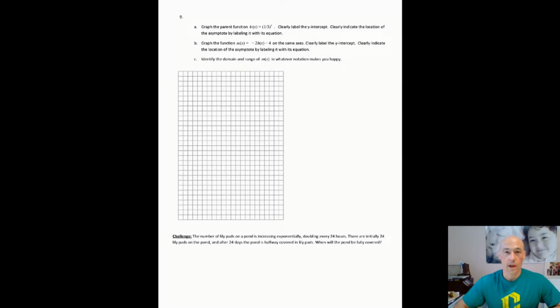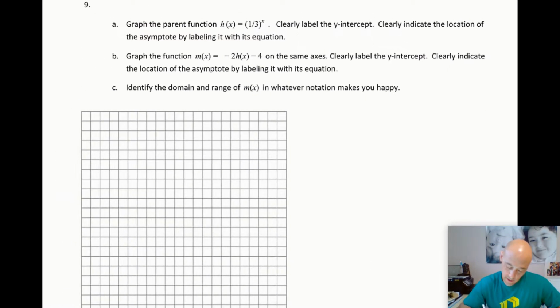All right, so here we are on the fourth page of our AMC review, and this problem asks us to graph this function. It's important to notice that it is an exponentially decreasing function. If we don't notice that, then we might misplace our y-axis and not be able to see things quite as well.